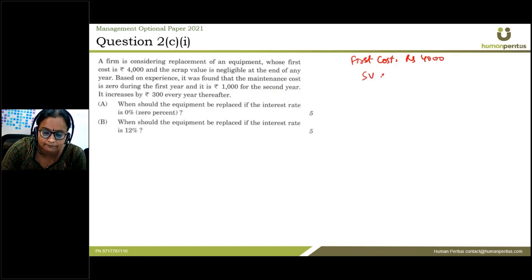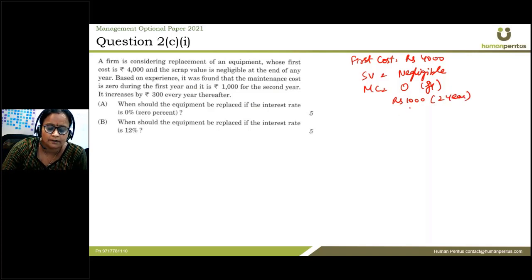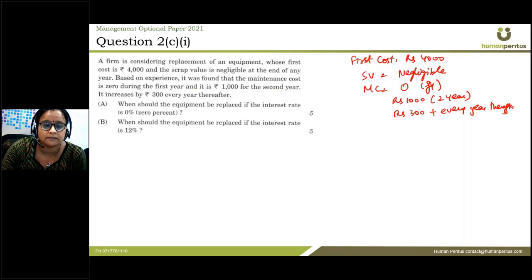Scrap value here is negligible, and maintenance cost is 0 for the first year, and rupees 1,000 for the second year, and rupees 300 plus every year thereafter. So this kind of basic information is given for both of these questions. So let us compute the optimum replacement period for the first part.